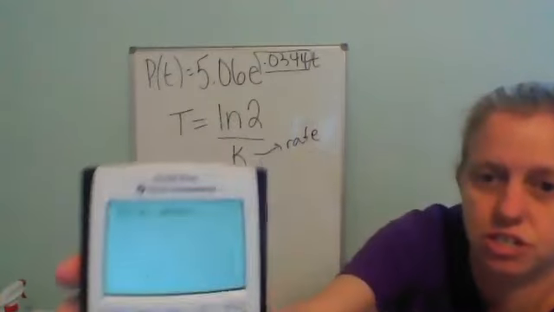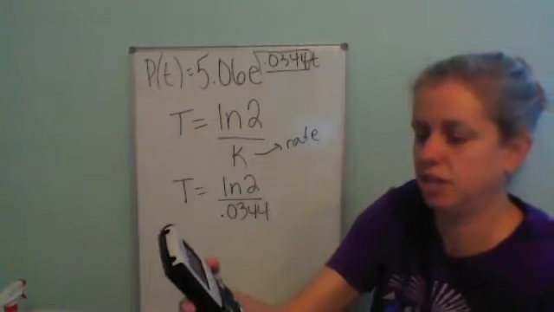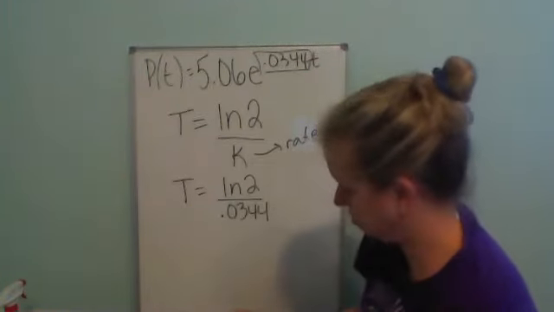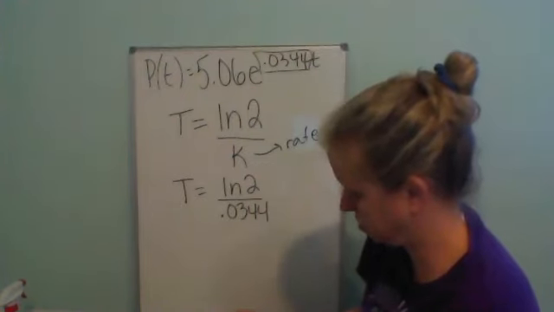So again, it should just look like that. ln2 over 0.0344. Hit enter. Let's see, it gave me 4. Oh, hang on. Did something wrong.